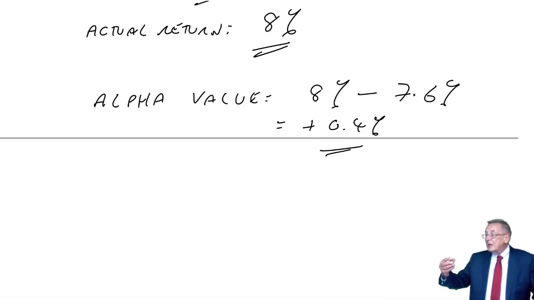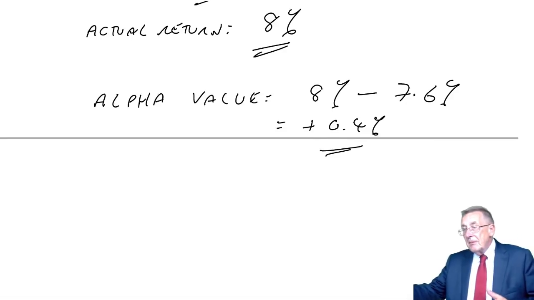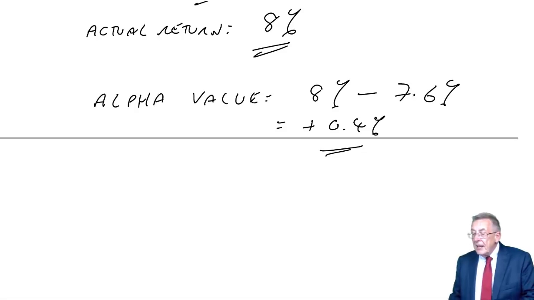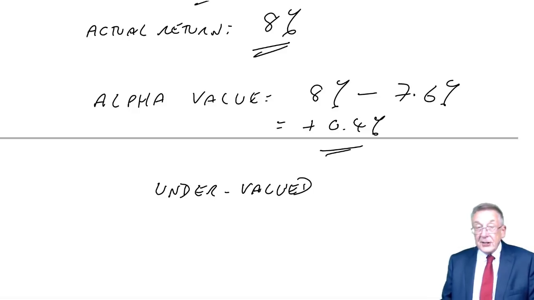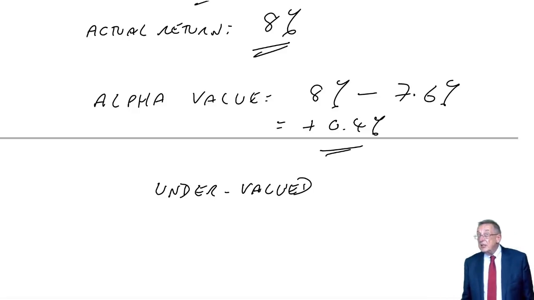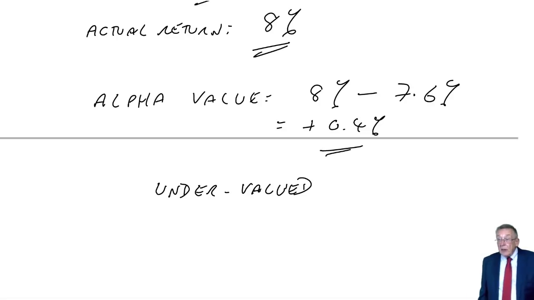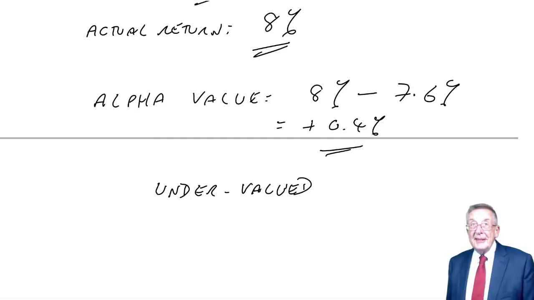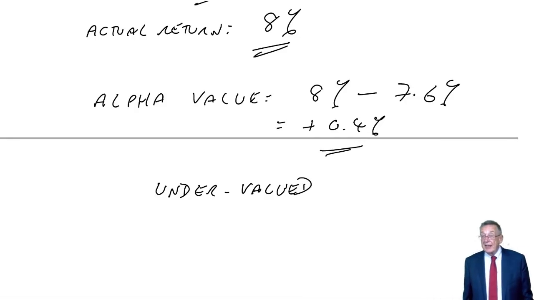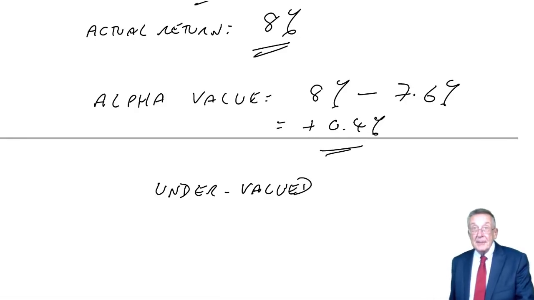And if shareholders only wanted 7.6, the market value would go up. So this share is actually undervalued. It's currently, the market value is lower than it should be. And so now would be the time to buy for a positive alpha. If it had a negative alpha, it'd be the other way around. Then perhaps it would be time to sell.